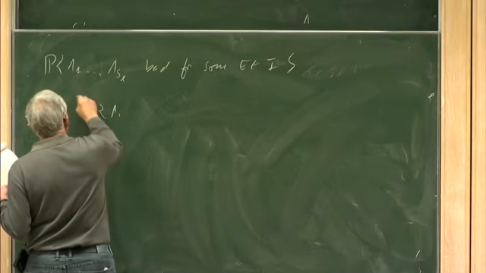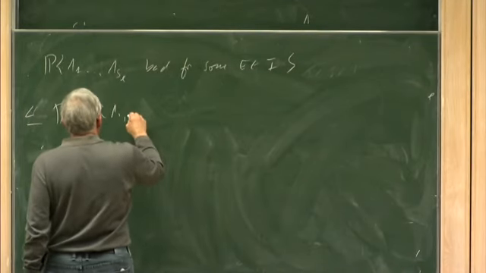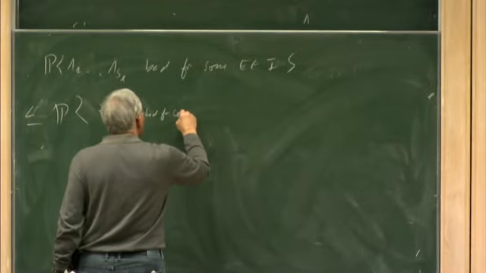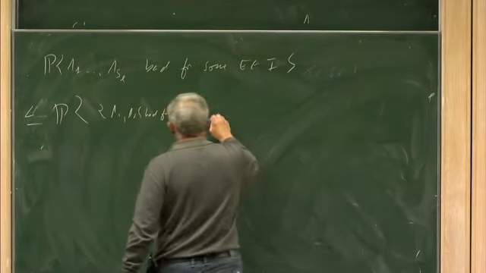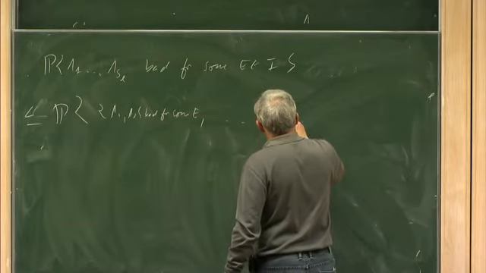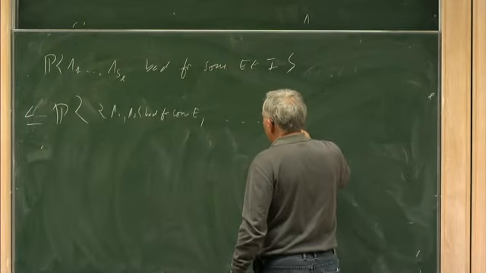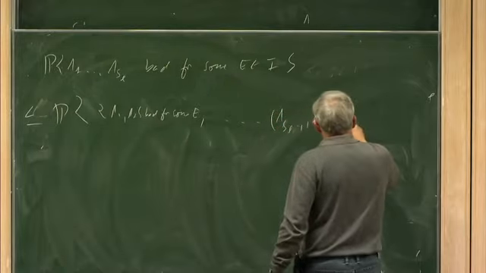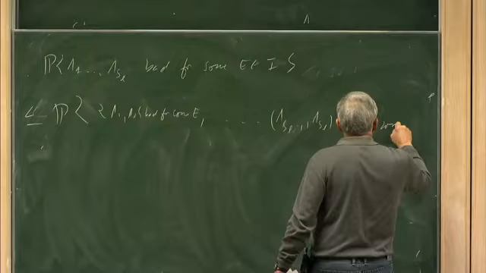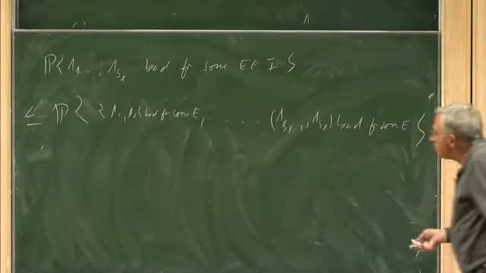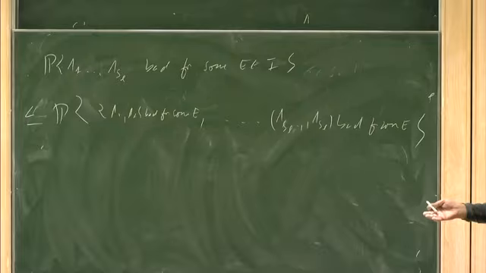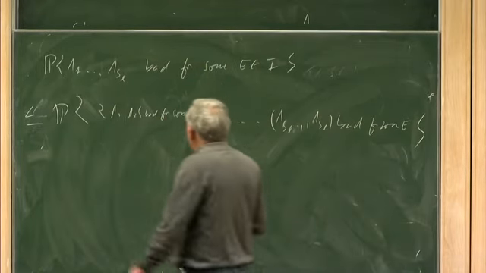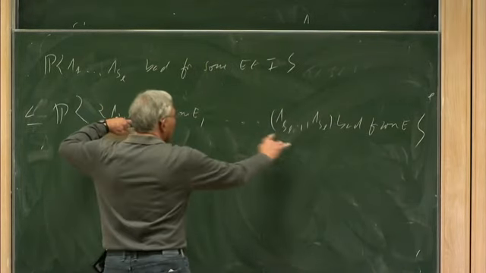I look at the probability that lambda 1 and lambda 2 are bad for some E, lambda SL minus 1, lambda SL is bad for some energy. I can only make it bigger, right? But the point is that whatever happened here and here are independent.